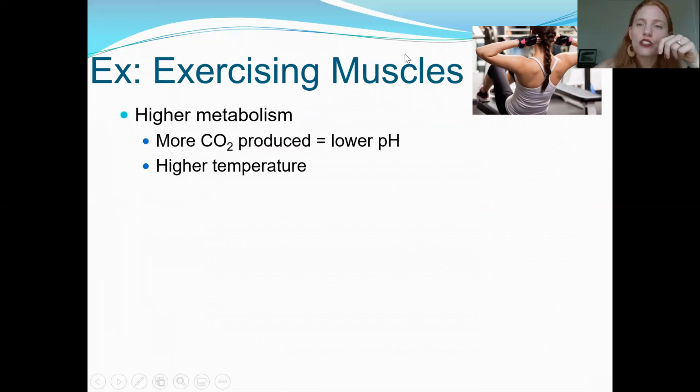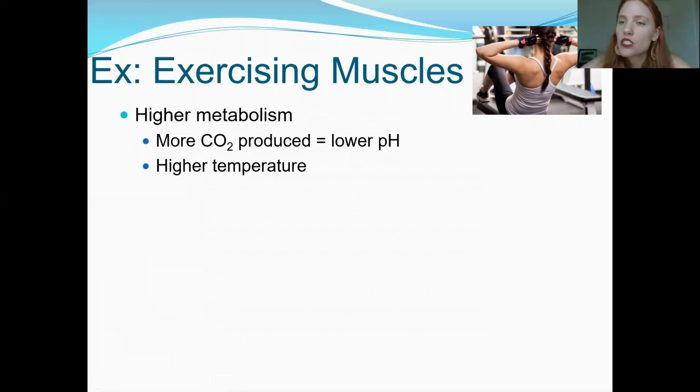Okay, so when you're exercising, especially your skeletal muscles, they're going to have a higher metabolism, so more cellular respiration occurring in them. And when you're doing more cellular respiration, that means you're going to spew off more carbon dioxide. And more carbon dioxide in the blood, we'll see later, means that you're going to create a lower pH.